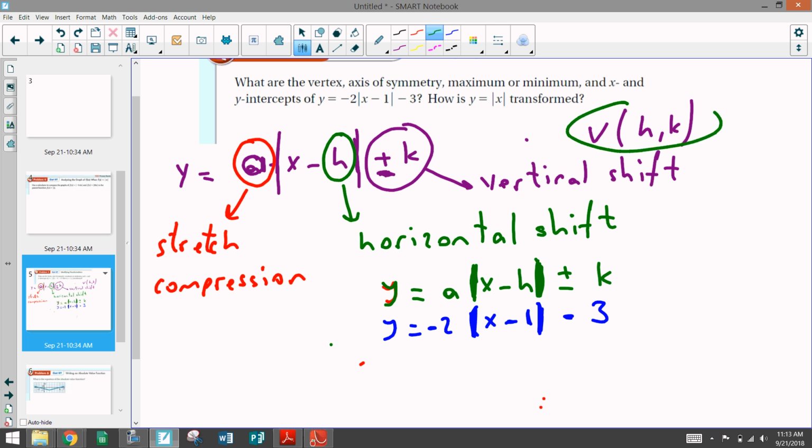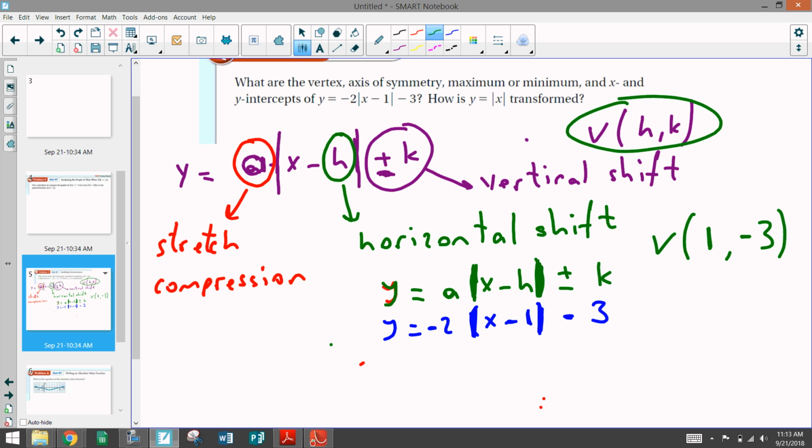The vertex is h and k, right? What was h? And then k is negative 3. It's in the question, see? Matches. That negative comes from the formula itself, so k matches with 3.